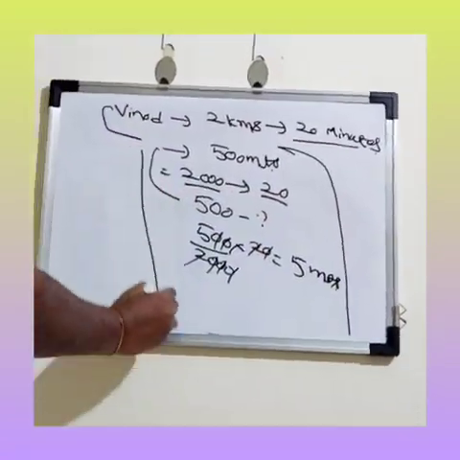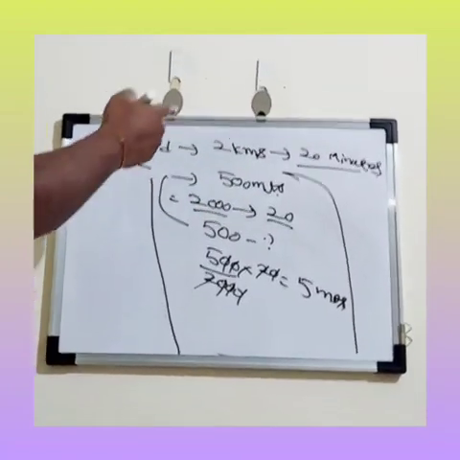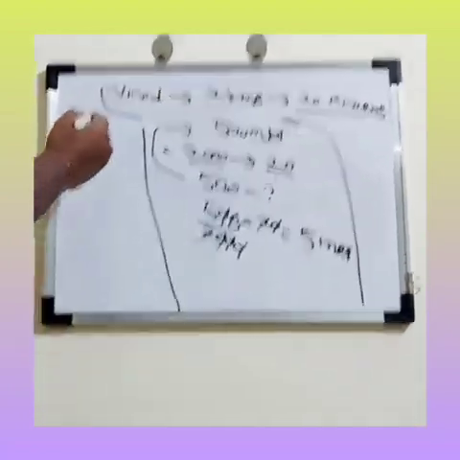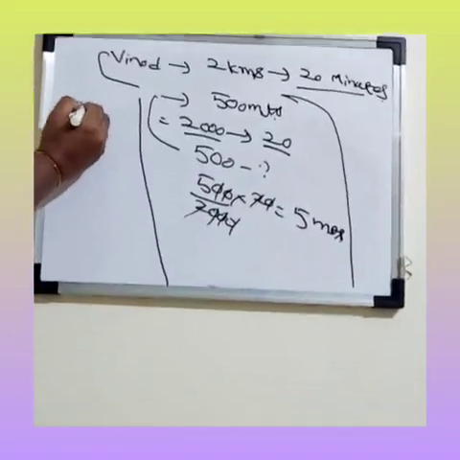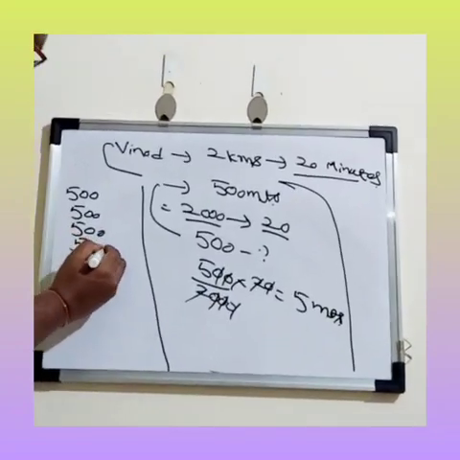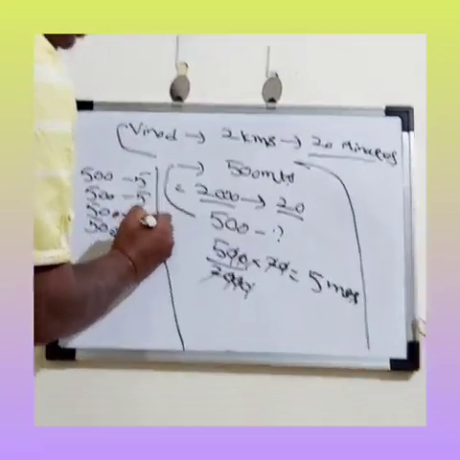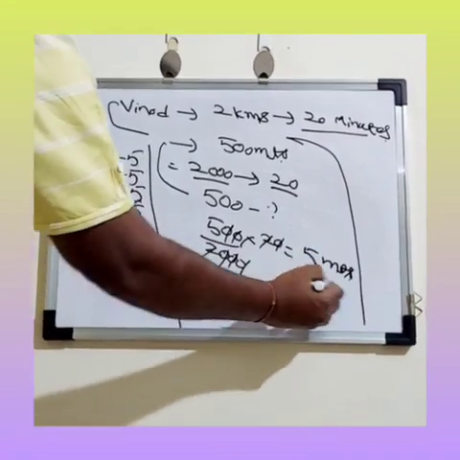If you want to find another way, 1 kilometer is 1000 meters, so 2 kilometers is 2000 meters. So 500, 500, 500, 500, and each takes 5 minutes: 5, 5, 5, 5. So 5 minutes is the answer.